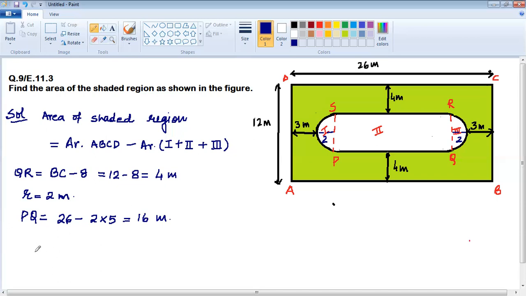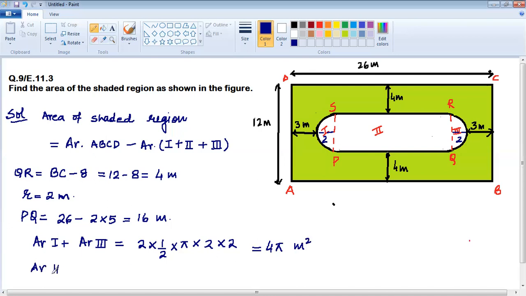Now we can find the required areas. So area 1 plus area 3. These are two semicircles. Because they have the same radii, if we combine them, we'll get one circle. So you can write it as 2 times 1 by 2 pi r square. r is 2 meters, so 2 times 2, or this is equal to 4 pi meter square.